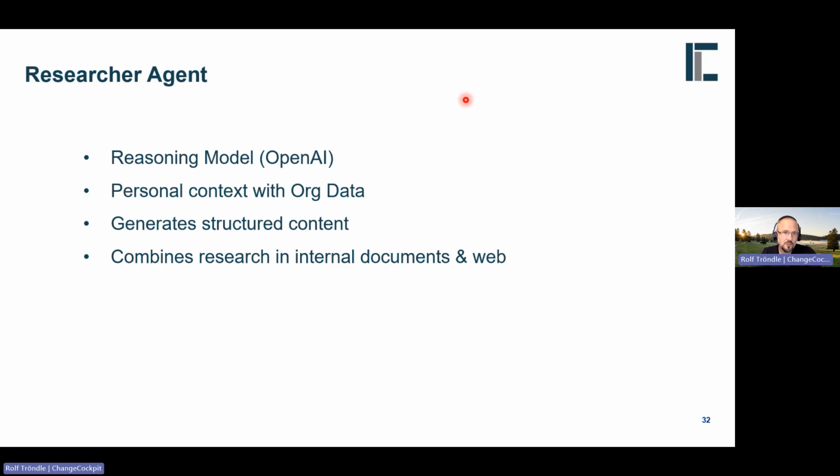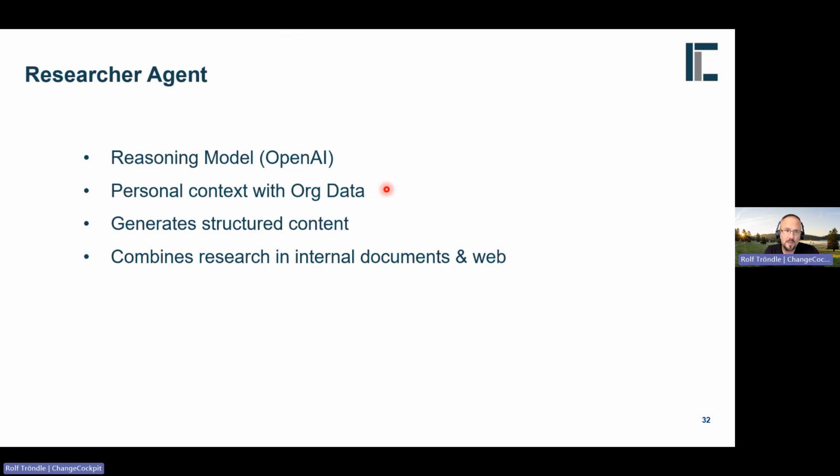Next one is the researcher agent. Researcher is basically a reasoning model from OpenAI behind it. So if you want to do deep research instead of just having a chat conversation, that's when you do the reasoning. When you switch, let's say you're using ChatGPT and you're switching from GPT to the reasoning model, like an O model or whatever, then that's basically the same as using the researcher agent, except that this researcher agent also has access to your company data, to your work data.